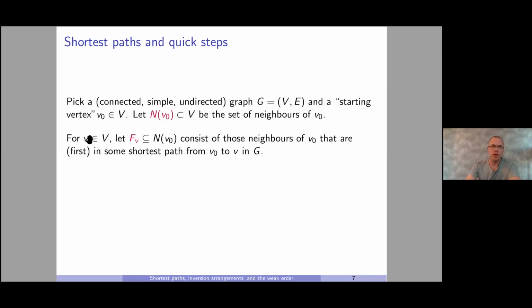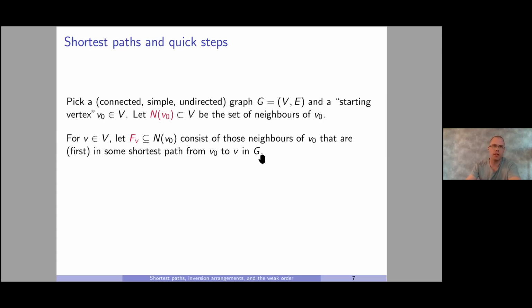And for each vertex in the graph, let f of v be the set of neighbors that you pass through if you take some shortest path from v0 to v. So f of v, I will call it a quick step set. So it consists of those neighbors that you may visit if you want to go as fast as possible from v0 to v.